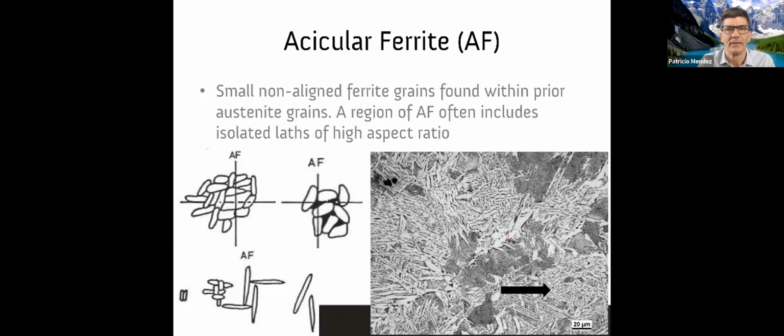One of these hybrid mechanisms, one of these bainitic type of mechanisms, is this acicular ferrite. And acicular ferrite is a very convenient microstructure. And actually, we're going to see lots of acicular ferrite in weld metal, and not so much in the base metal.